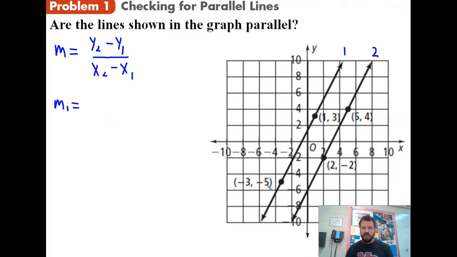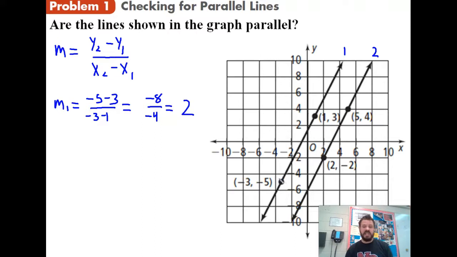I'm just going to say negative 5 minus 3, over, in the same order, x minus x, so negative 3 minus 1. Negative 5 minus 3 is negative 8, over negative 3 minus 1, which is negative 4. Negative 8 divided by negative 4 gives me a positive 2. So the slope of my first line is 2.